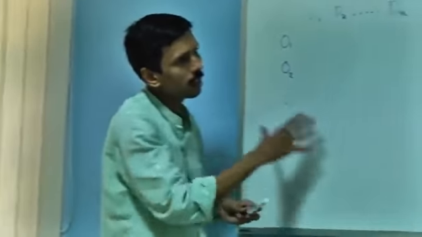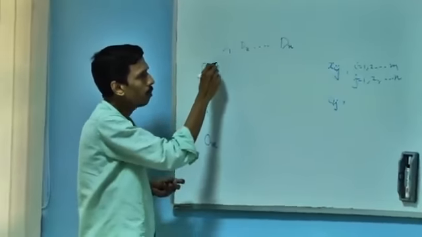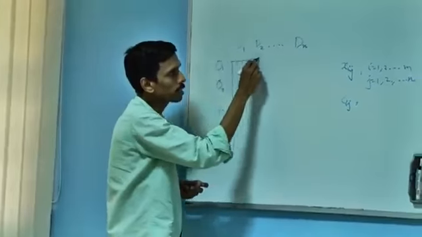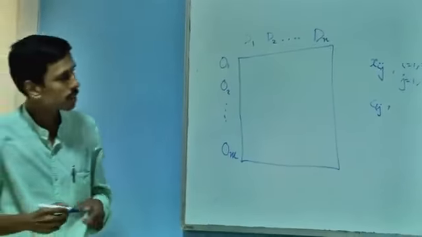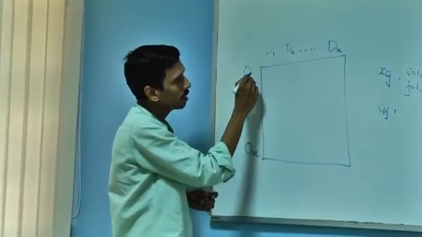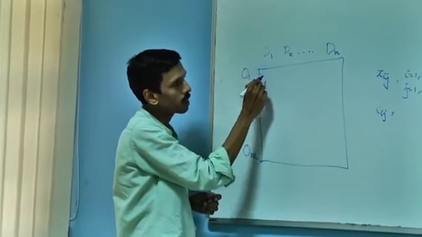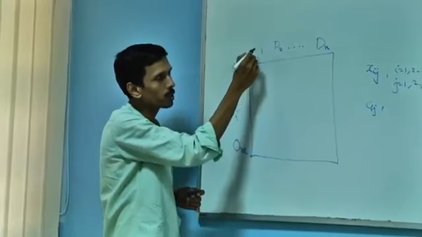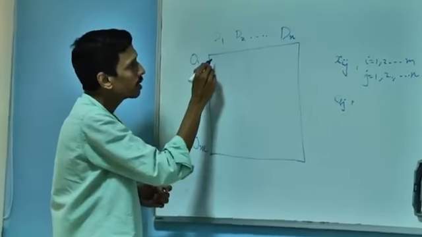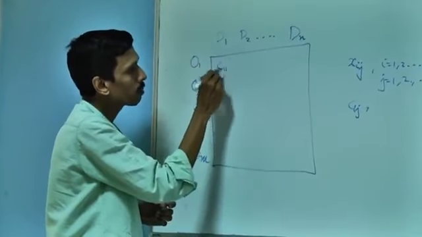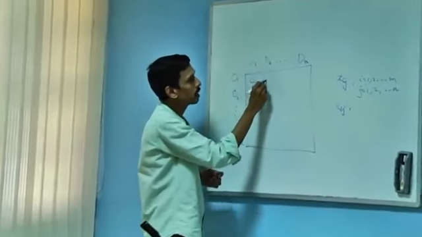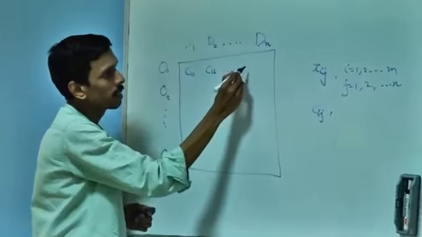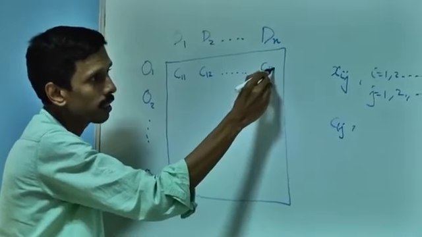We can make these notations into a matrix form. We will call this matrix a transportation matrix, right? The matrix consists like this. In this, the number of commodities to be transported from O1 to D1 is X11, and the cost of transporting one unit from first origin to first destination is C11. Here it will be C12, right? Finally, C19.